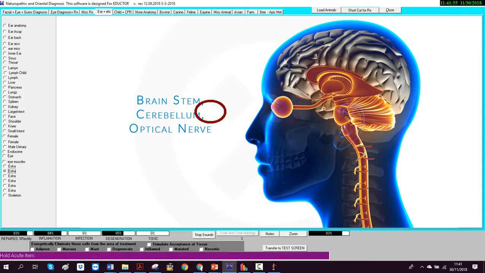We have many more procedures to help the brain, but this is just a quick demo to show you how we can work either on the biochemistry of the brain or on the structure of the brain, always energetically. And we know that the energetic body is the matrix of the physical body. And by stimulating the energetic brain, the physical brain will adapt and will start working better.